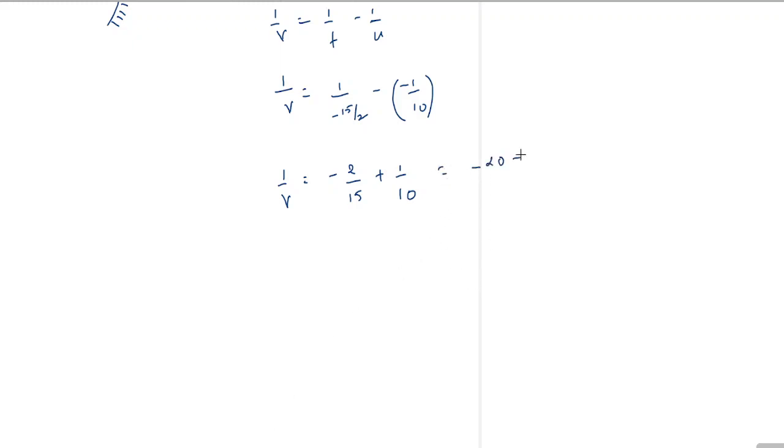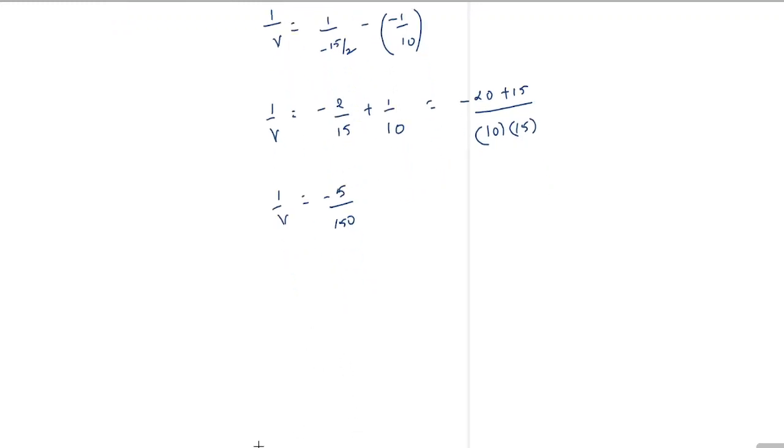So (−20 + 15)/(10 × 15). Again, don't copy from here. Try to solve on your own and verify the answer. That is equal to −5/150. This is 1/v, or v is equal to −150/5, that is −30 centimeter.